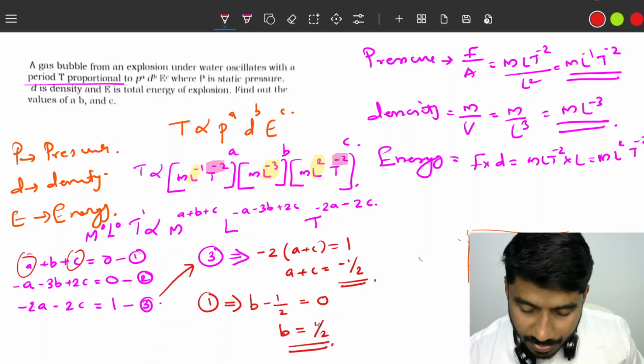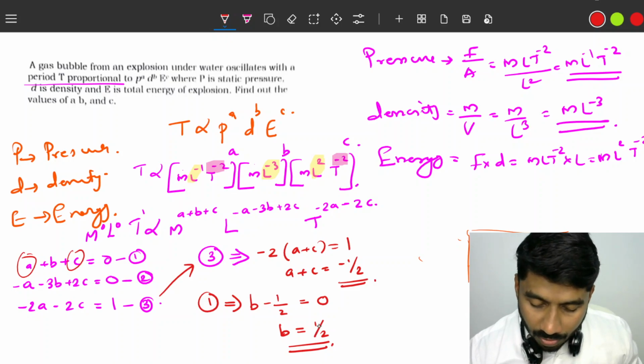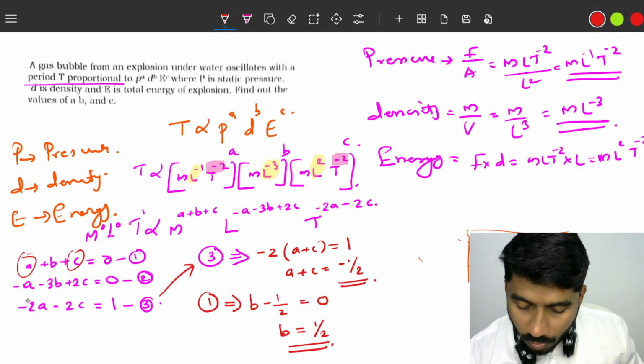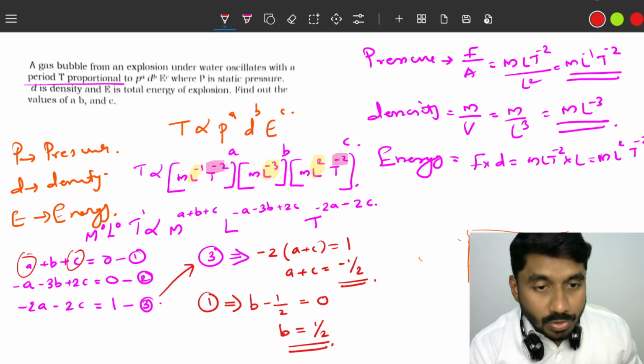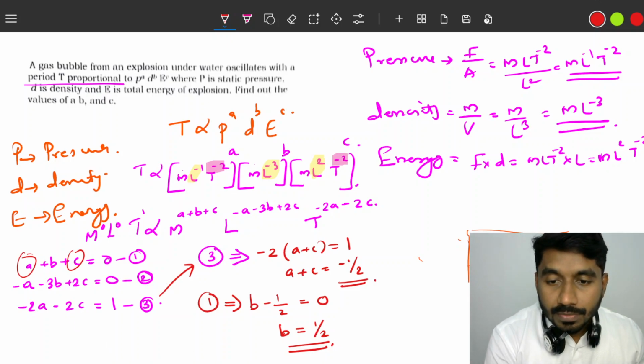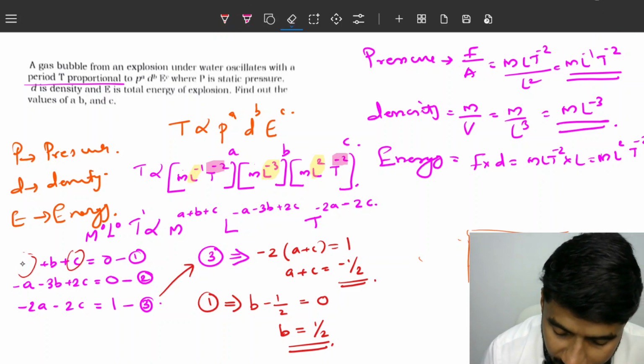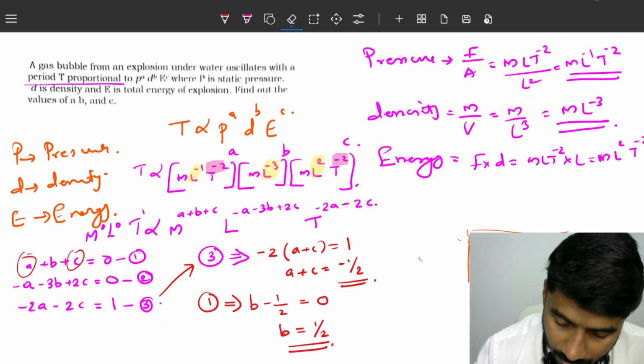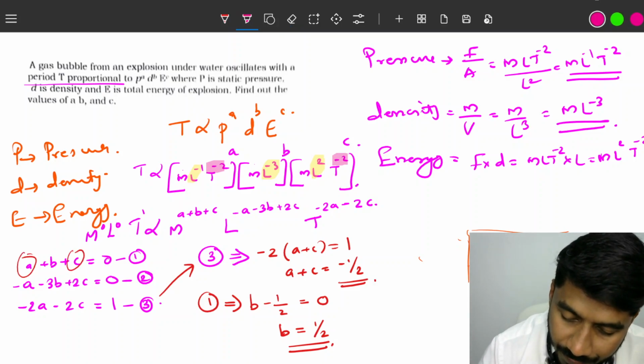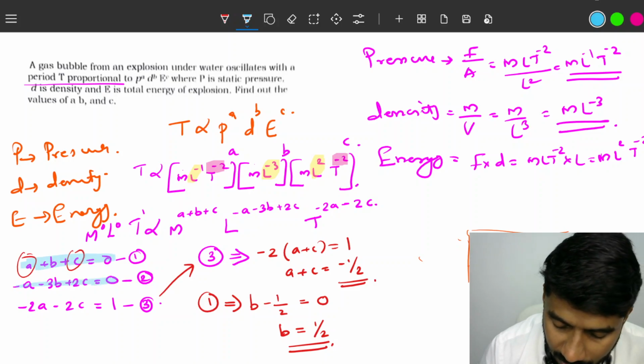So now we got B equal to plus 1 by 2. And here we can do another method. You see equation number 1 and equation number 2.